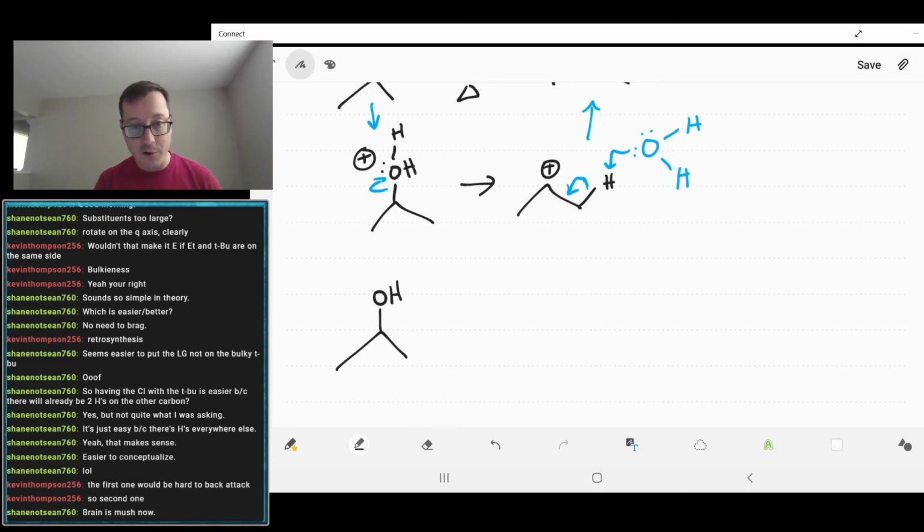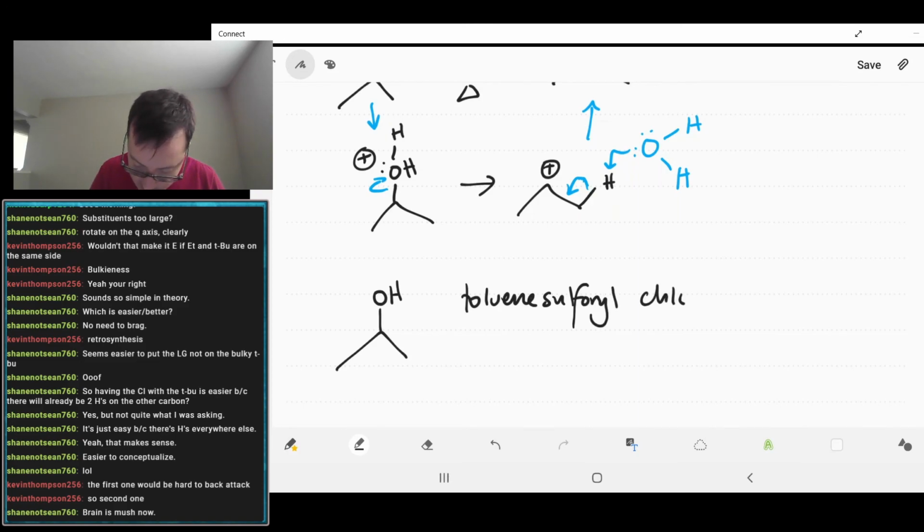OH is a terrible leaving group, but we can turn it into a great leaving group by using what's called toluene sulfonyl chloride, or TsCl, also said tosyl chloride.